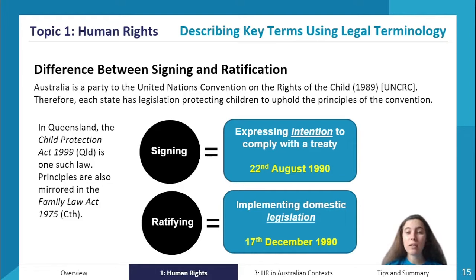So you can see that there's a little bit of a gap between indicating that you're going to continue that process and sign up for that treaty, and then actually implementing the legislation. There are processes that would have to take place for the legislation to actually be passed and drafted and all of those processes. So that's why there's a bit of a delay there.